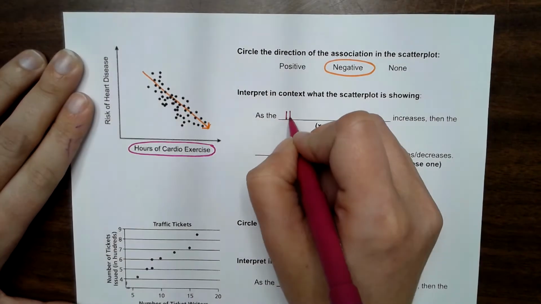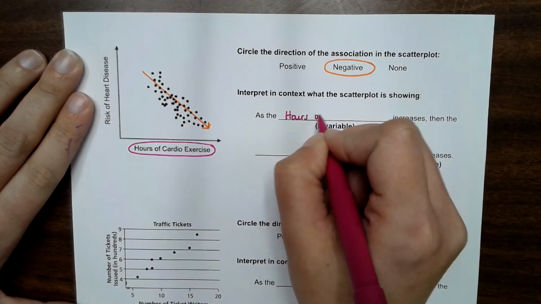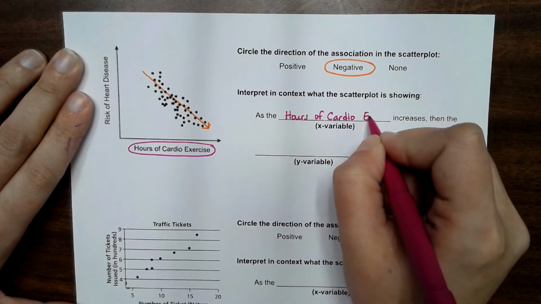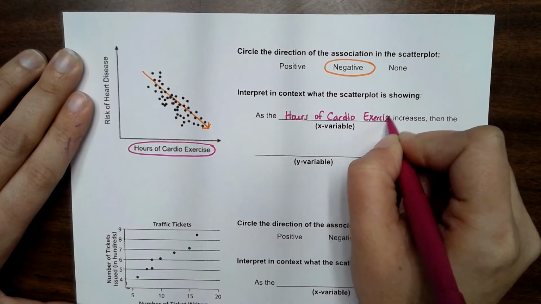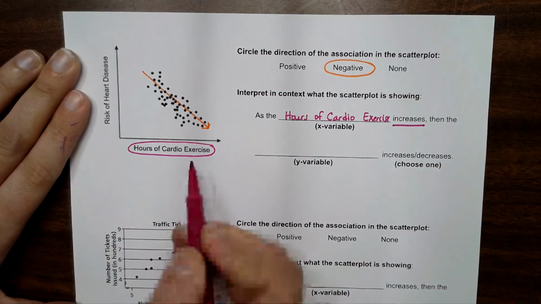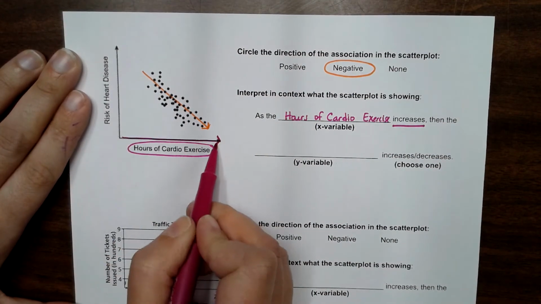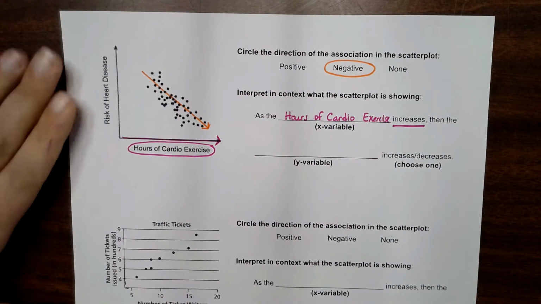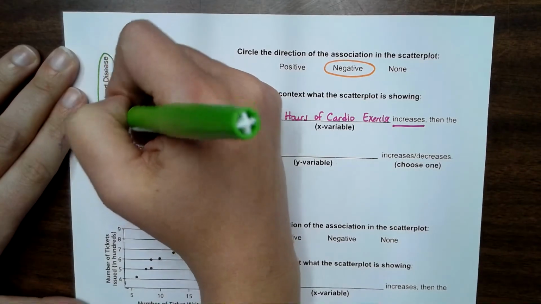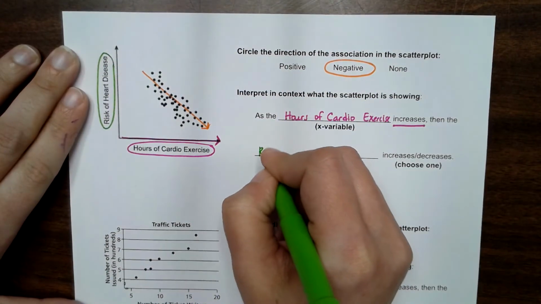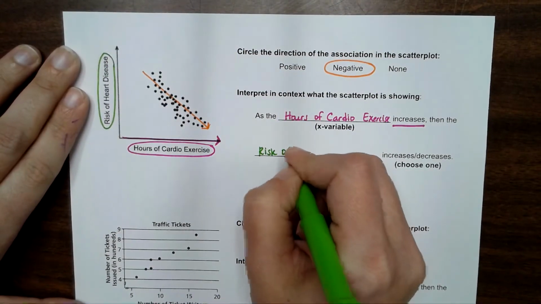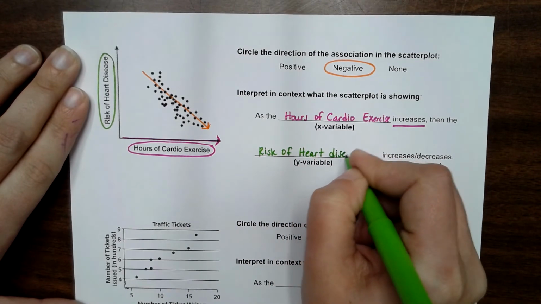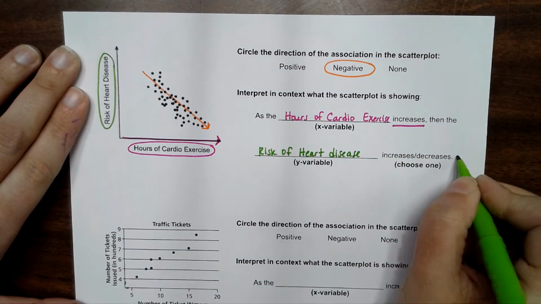So as the hours of cardio exercise increases, so as we move to the right, as the hours of cardio exercise increases, then the y variable, the risk of heart disease, decreases.